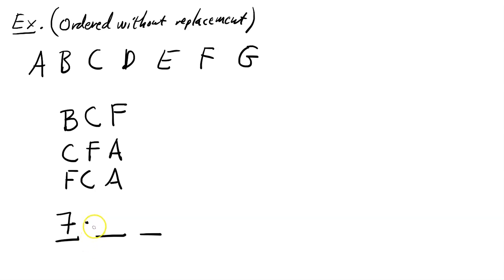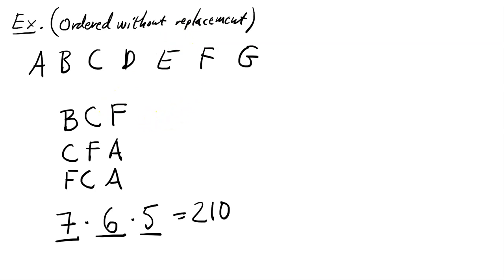And for each of those combinations, we have 6 letters remaining, because when you choose the first one, there's only 6 remaining. And then it's only 5 remaining. So we have a total of 7 times 6 times 5. Okay, so that's how you can calculate it. So this is 210. This is ordered without replacement.